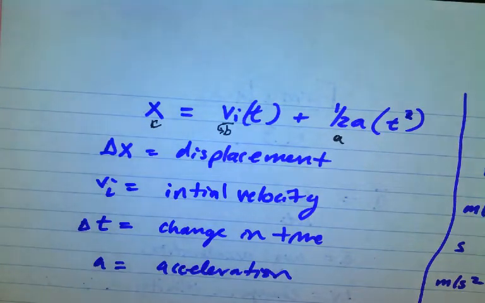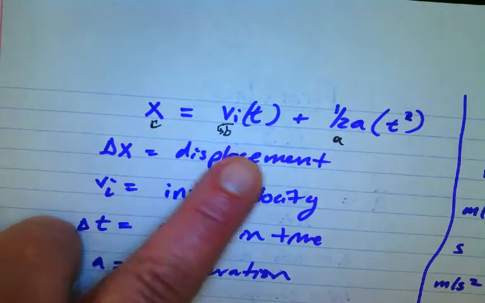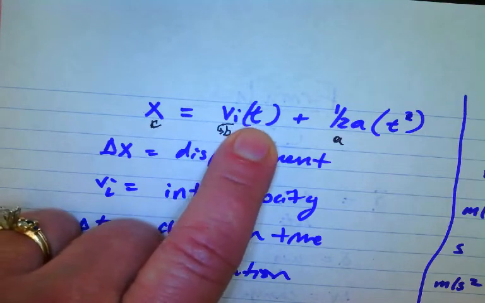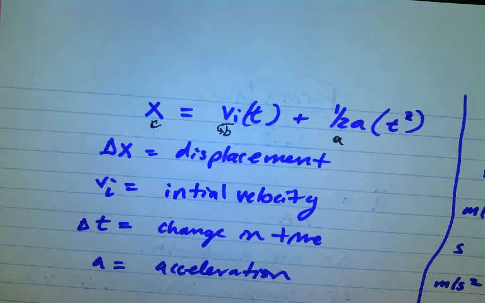x is equal to Vi... This right here is how far you moved, if you know how fast you started, how much time it took, and your acceleration. So you're actually finding the parabola on your displacement time graph, your position time graph. That's all it is. The computer usually does this one for you.